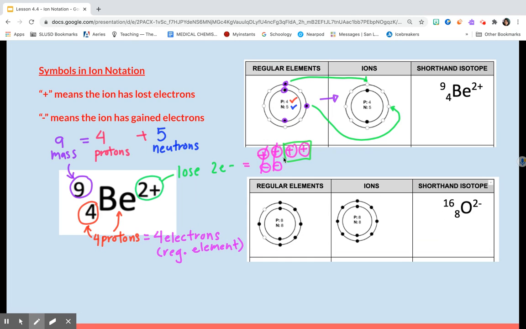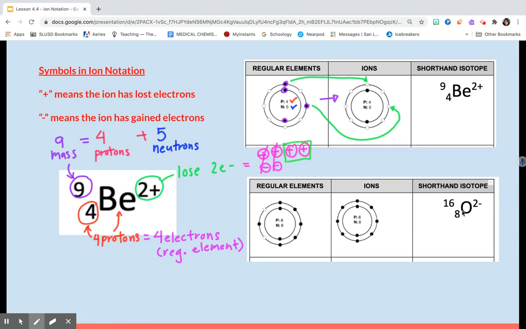Okay, so you might notice on the slide that minus means the ion has gained electrons, right? And if I look at the image here, from the regular elements, just at the electrons, it's got 8 electrons total, shown by this bottom number here.